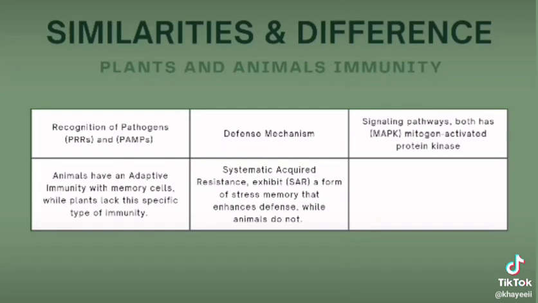Both plants and animals use advanced mechanisms to recognize pathogens, and this involves pattern recognition receptors, the PRRs, that detect the pathogen-associated molecular patterns, known as PAMPs, on invading microbes. For example, PAMPs like flagellin are identified in both plants and animals, and they can trigger an immune response.